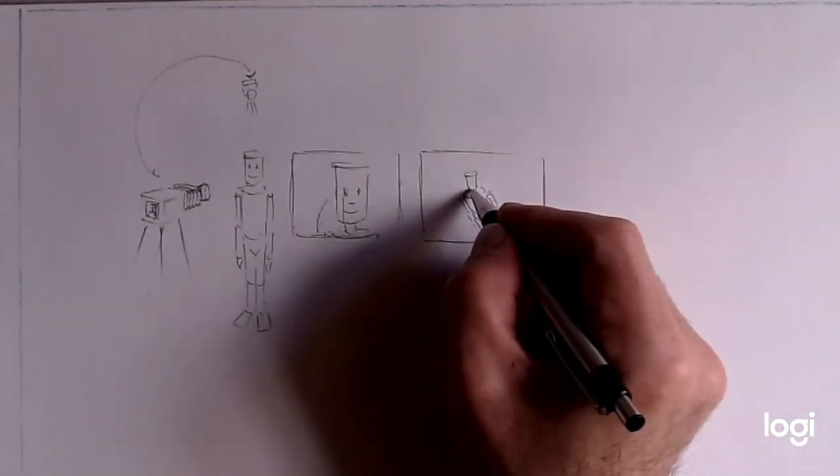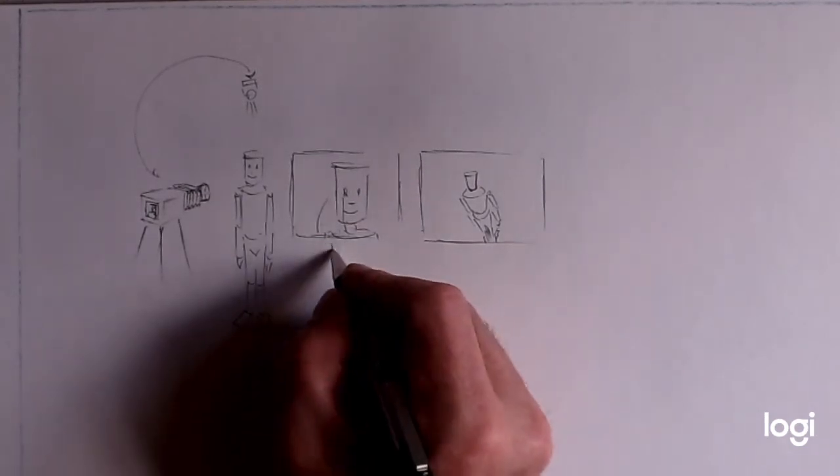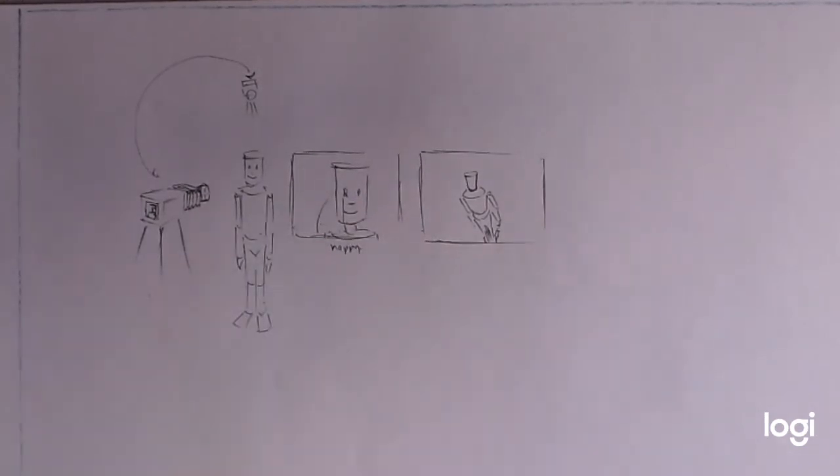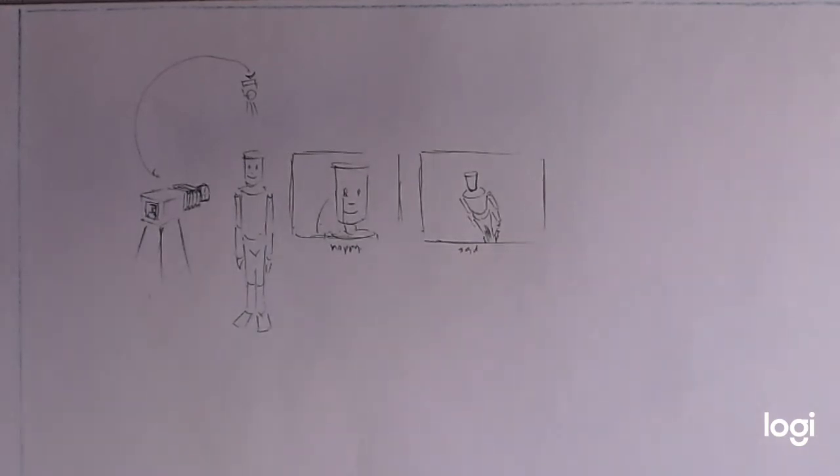Now you see how we haven't changed him at all, but how the emotion conveyed really changes by that movement. So in this one, he's really happy. But in this one, we just moved the camera, and now he feels kind of sad.